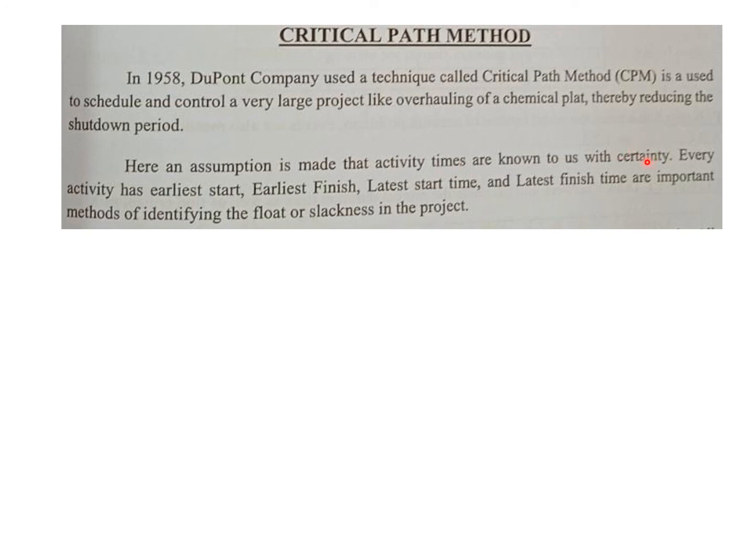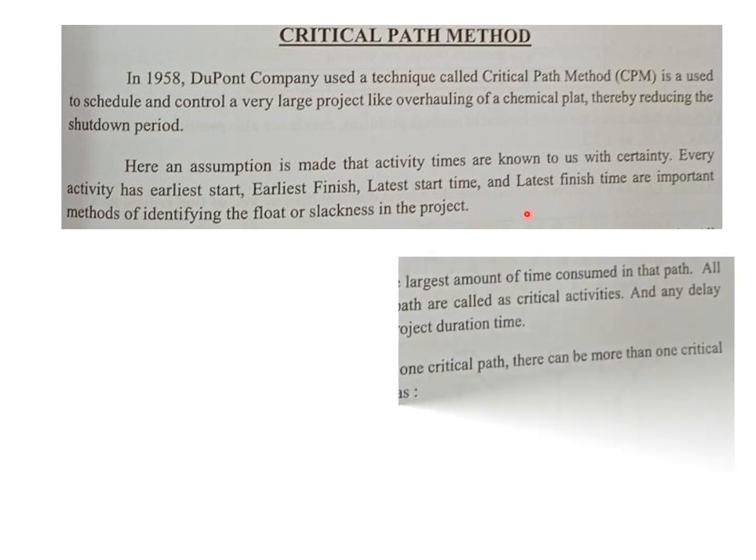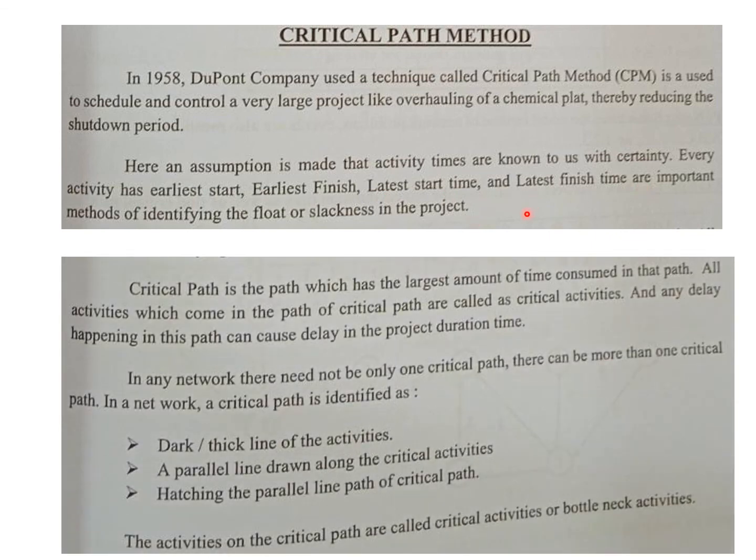Every activity has an earliest start and earliest finish, and a latest start and latest finish. Based on the difference of these, you decide the critical path. The critical path is the largest amount of time consumed in a path. Any activity which has zero slack is a part of the critical path.